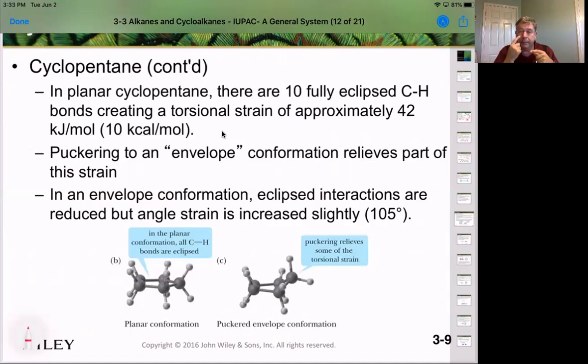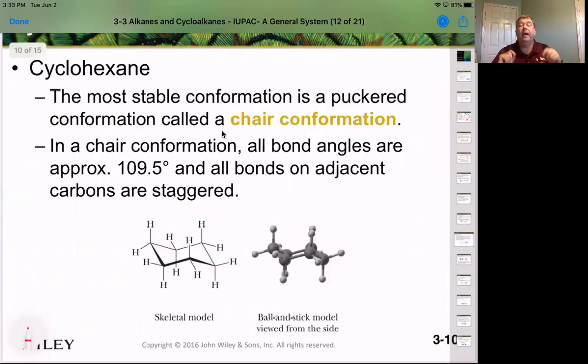So what we'll see in cyclopentanes and cyclohexanes is that we actually don't have flat rings, we have puckered rings. In the case of cyclopentane, we call it the envelope conformation. When we have cyclohexane, one side puckers up and the other side puckers down. Cyclohexane is big enough that when one side puckers up and one side puckers down, it ends up with 109.5 degrees on all of them.